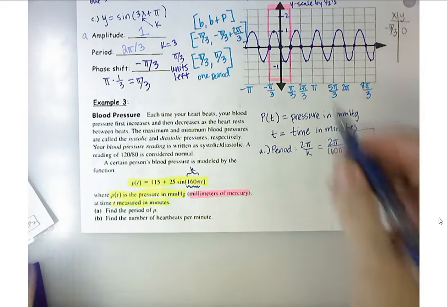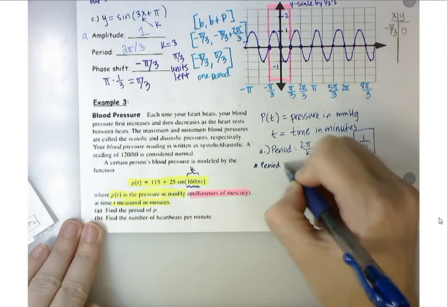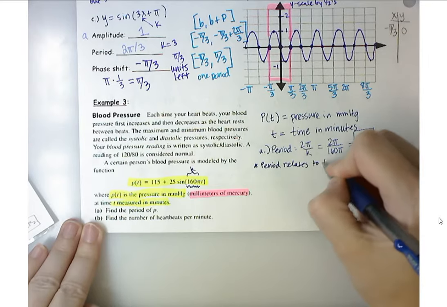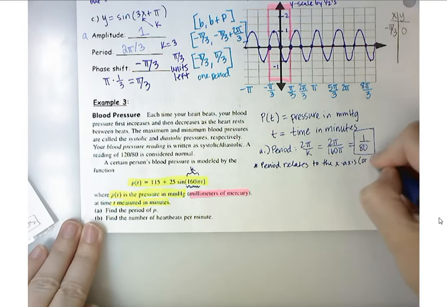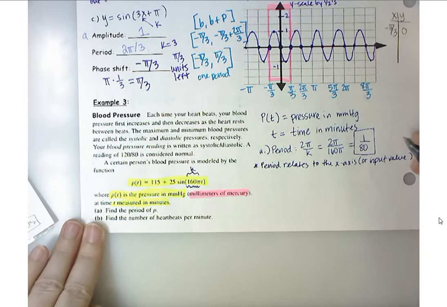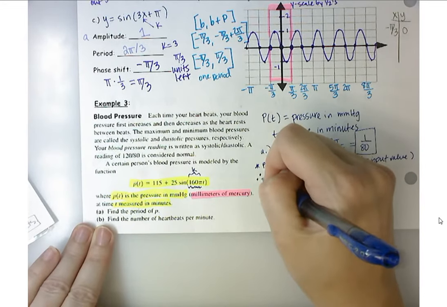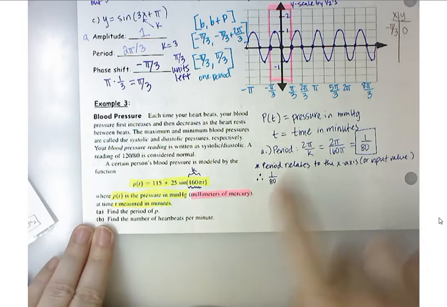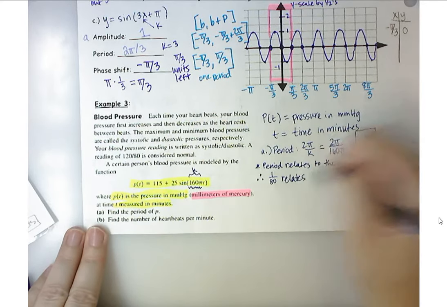Right? Now remember that the period relates to the x-axis, or your input value. So our input value is T. So therefore, 1 over 80 relates to the time in minutes.